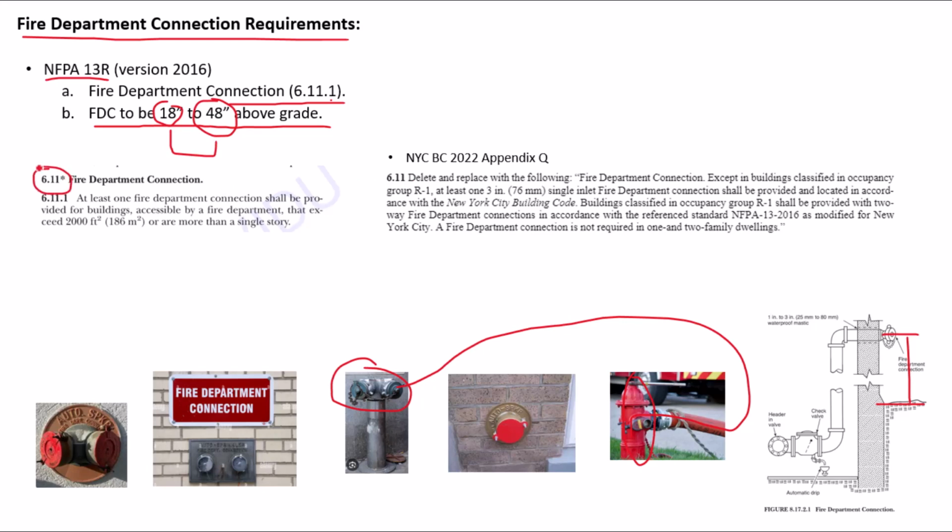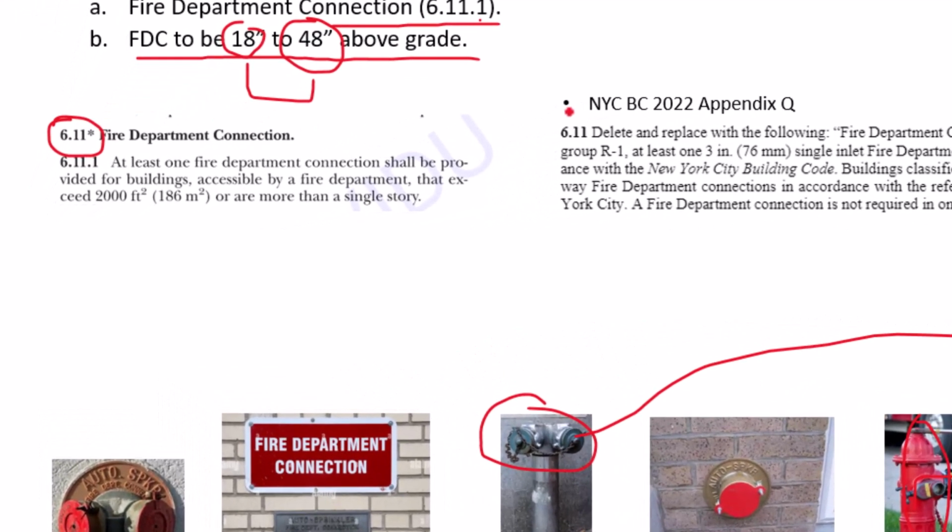So this code in the NFPA 13R is modified in the New York City Building Code Appendix Q. So if you read the NFPA 13R code, at least one fire department connection shall be provided for buildings accessible by a fire department that exceed 2,000 square feet or are more than a single story.